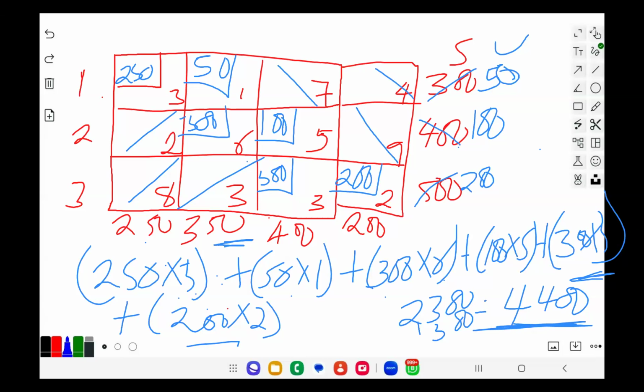However, the next question is, can you optimize this? That's what we are interested in today. So how do you optimize this now?